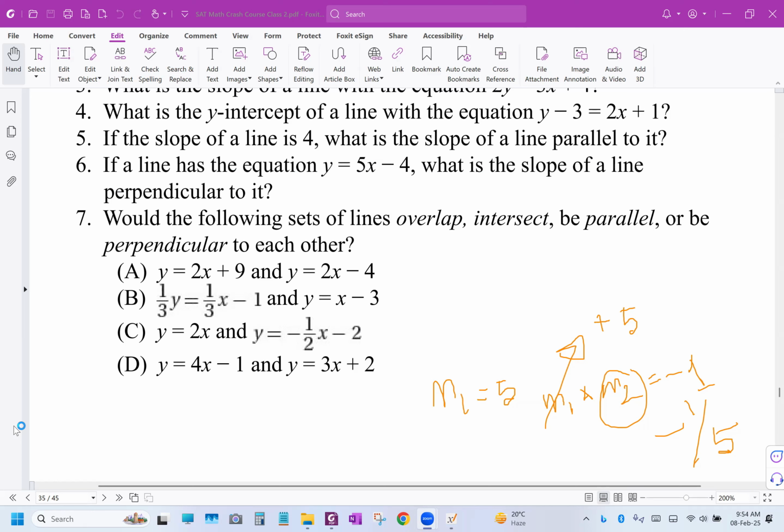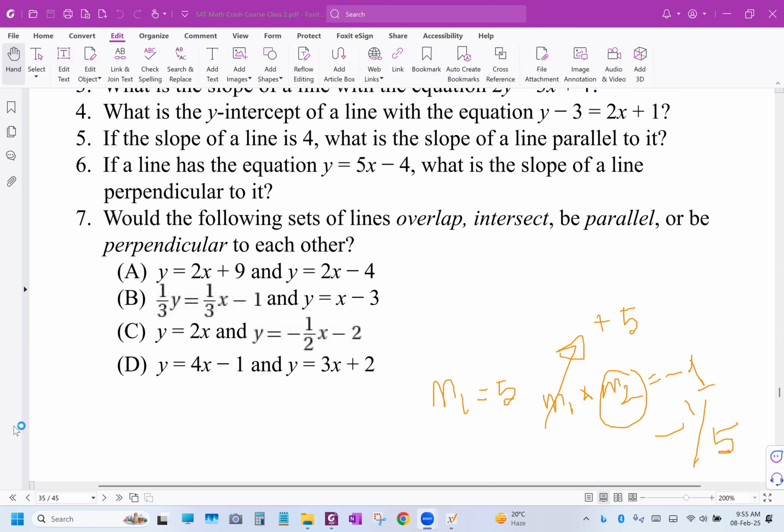From what I think, because you said perpendicular is like m1 m2 equals negative one. Yeah, the product of the slopes of each line will be negative one. A doesn't have that, so I think it's either overlapping or intersecting because it has the same slope but different y-intercept.